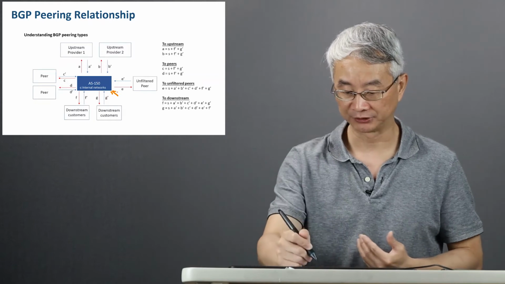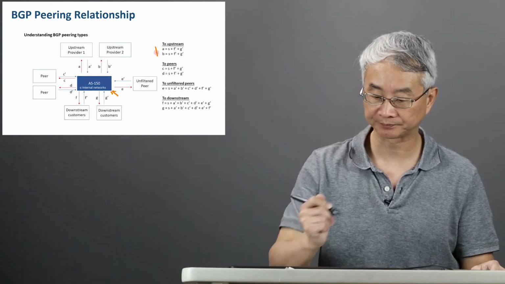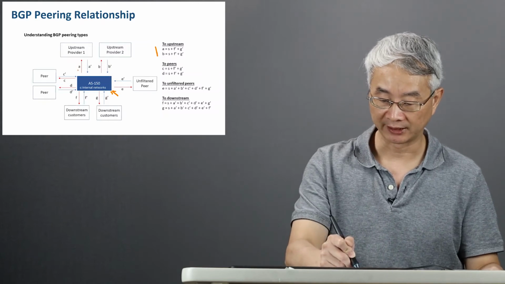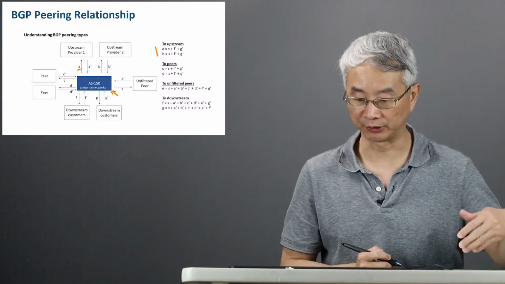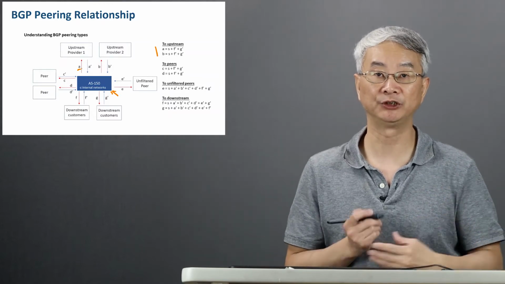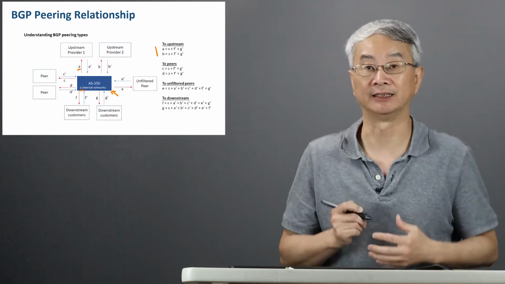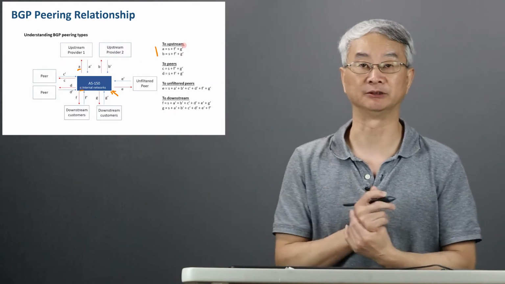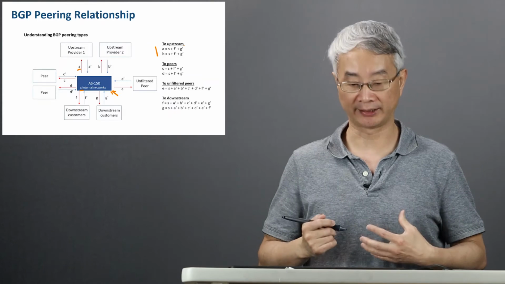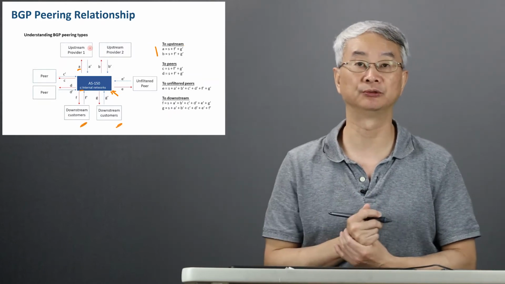For example, to upstream, if I need to announce to A, what do I announce if I'm the customer? You announce yourself, which is S here, plus your customers, F and G.